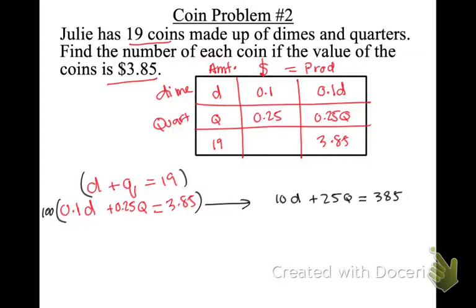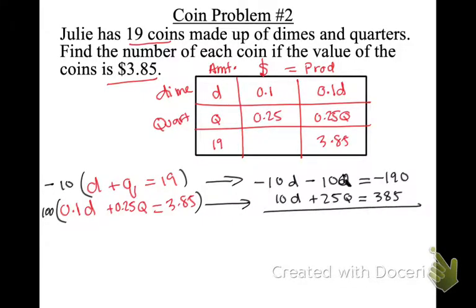I always go with tens up here, and I want to cancel the dimes if possible. So I'm going to multiply by negative 10. So we get negative 10D minus 10Q. Oops. Equals negative 190.